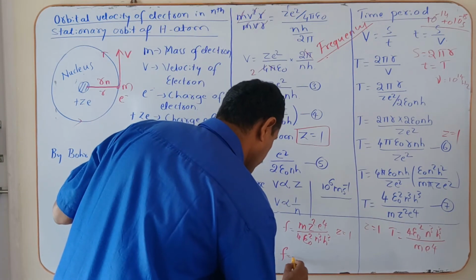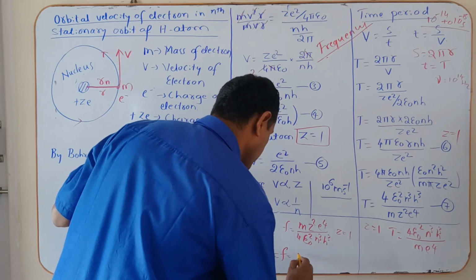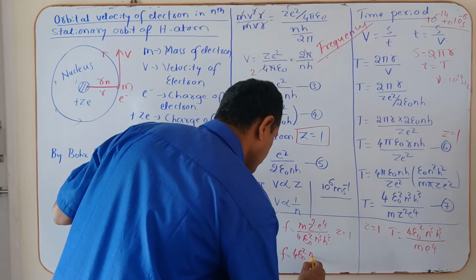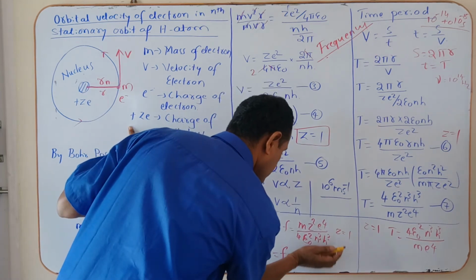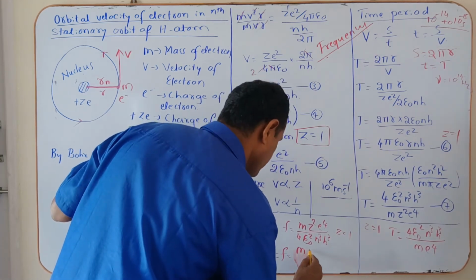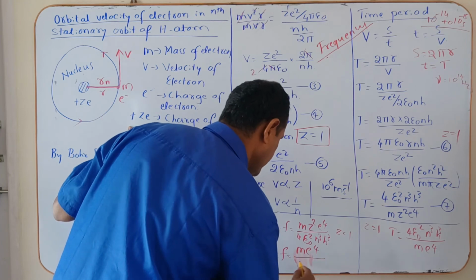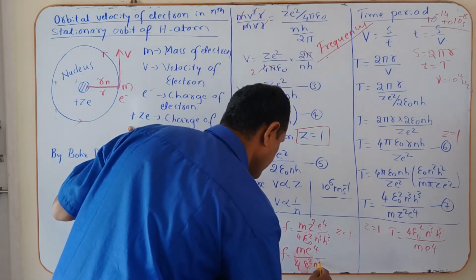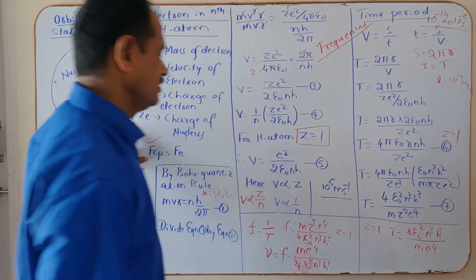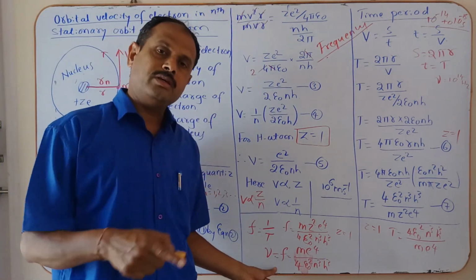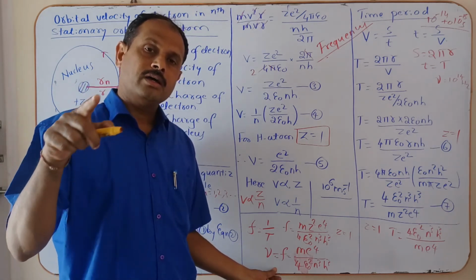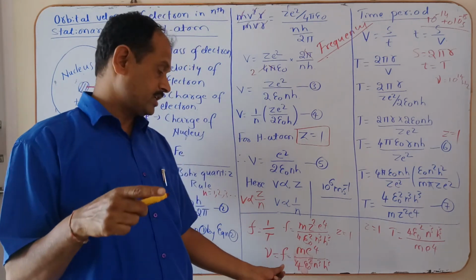That is f, which is said to be nu, is equal to m e raised to 4 divided by 4 epsilon naught squared n cube h cube. This is the frequency of the revolution of an electron in the orbit of the hydrogen atom.